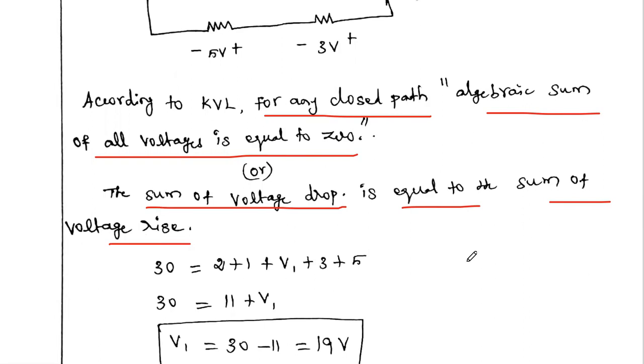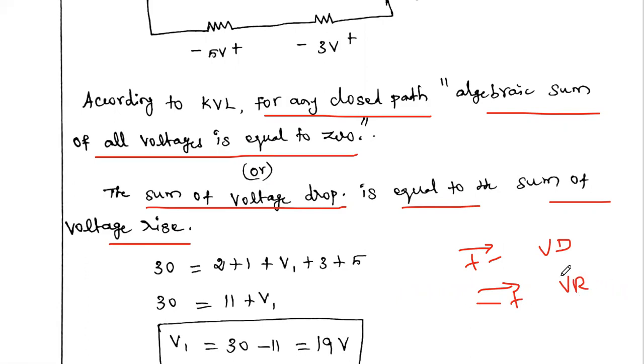When we look at the voltage from plus to minus, it is called a voltage drop. Plus means higher potential, minus means lower potential. If you look at the potential from minus to plus, it is said to be a voltage rise.